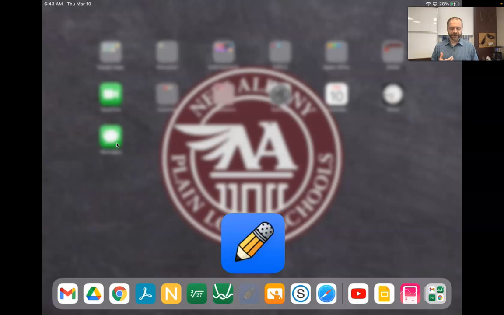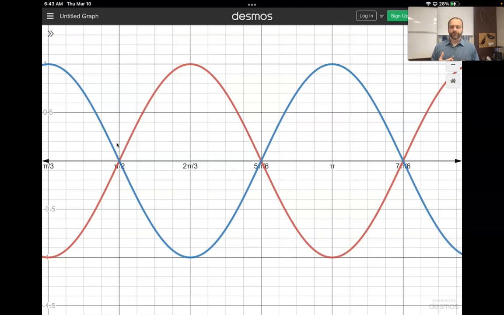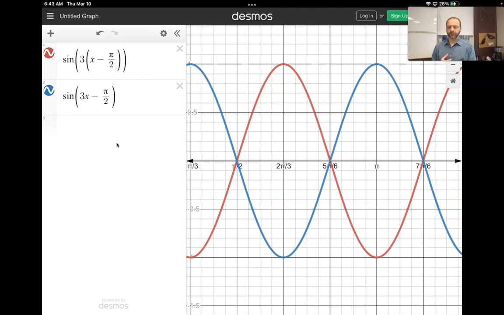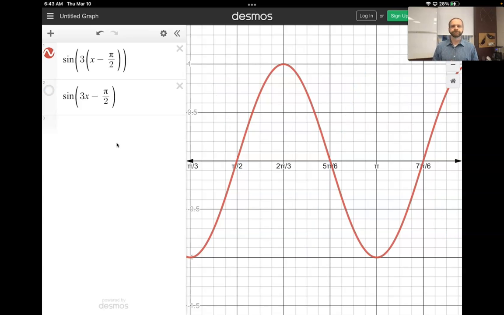And so if I look again at Desmos, the red one is the one with the extra parentheses. Hardy is wrong. Laurel, the one that has the most parentheses, is right. And so we're going to examine that. That's the main idea behind this first prompt: which do we deal with?